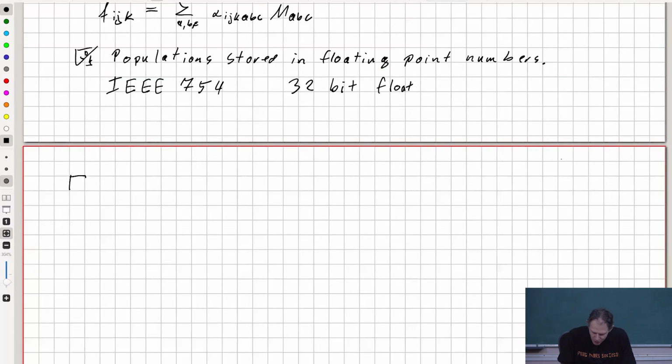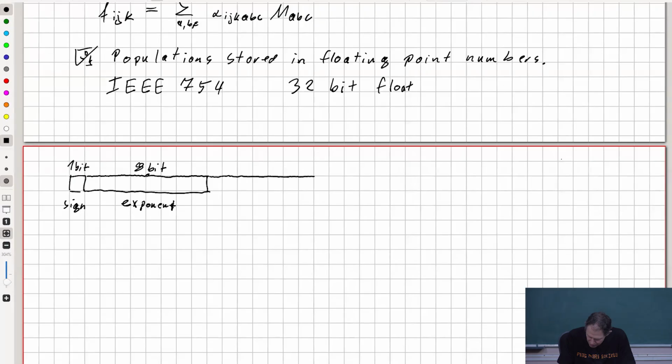Okay, so we need a new page. So how does this thing look like? We have 1 bit as a sign, so whether it's a positive or negative number, then we have 8 bits, the exponent, and then we have 23 bits in the fraction.